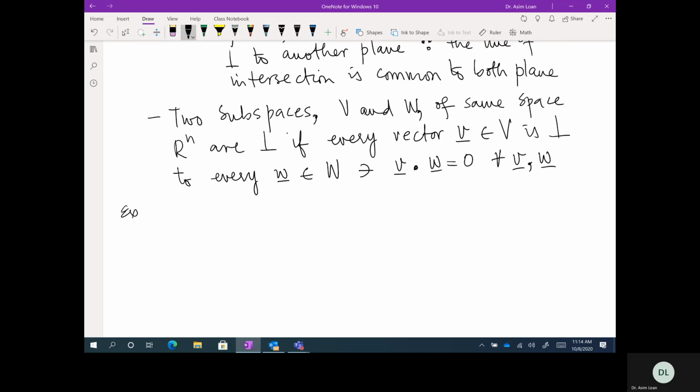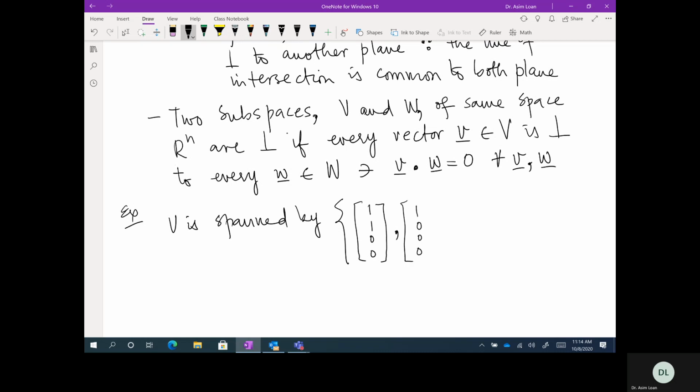So let's look at this example before we close today's lecture. V is spanned by, so this is the basis for V, these two vectors, 1, 1, 0, 0 and 1, 0, 0, 0.